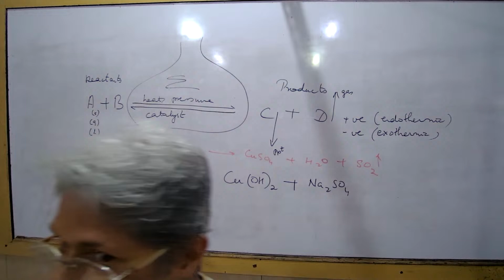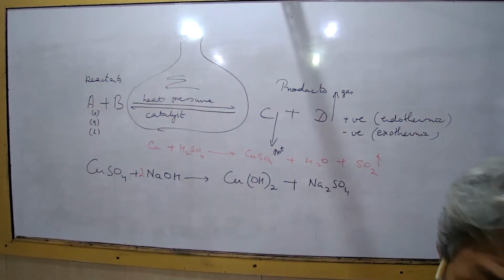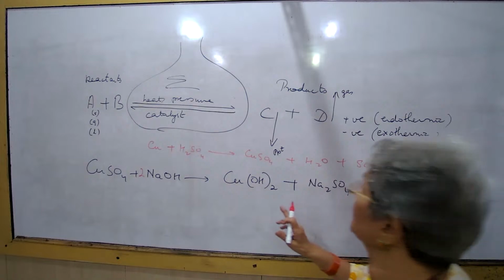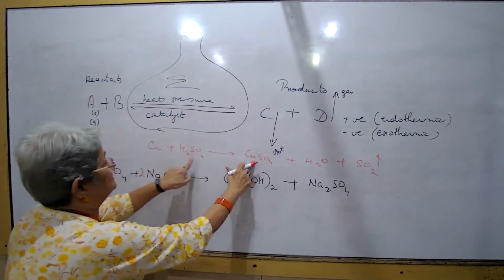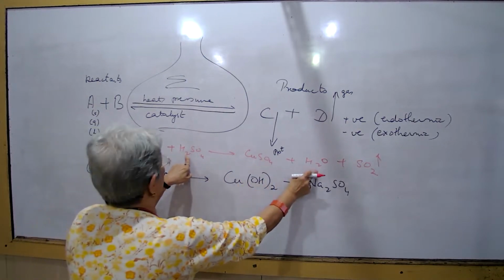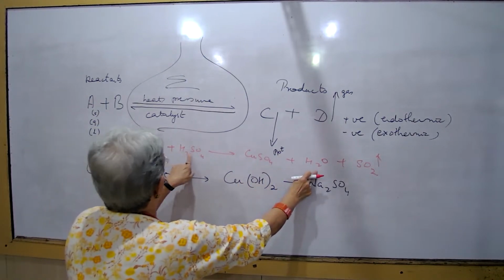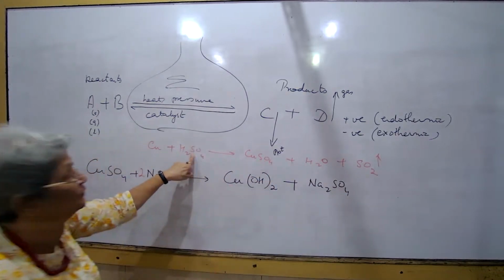I'll give you one. Let us see whether anybody can help out. Now here, copper, sulfate, sulfate. Hydrogen is 2, hydrogen is 2. Now, sulfur, you've got 1 sulfur, and there's only 1 sulfur here.